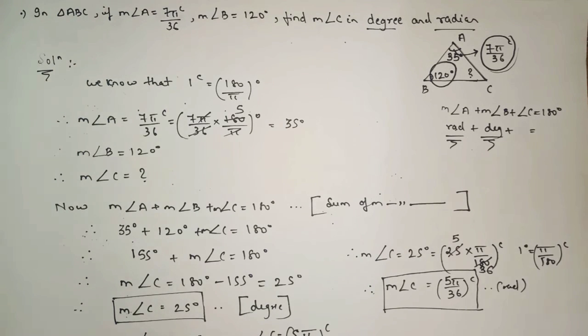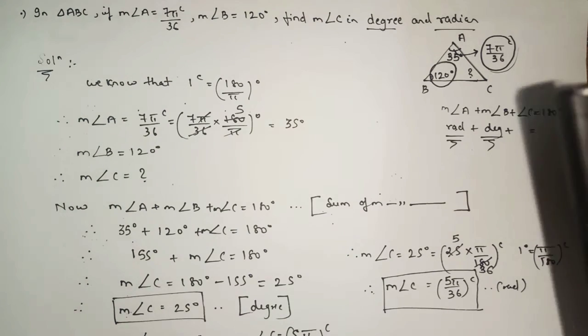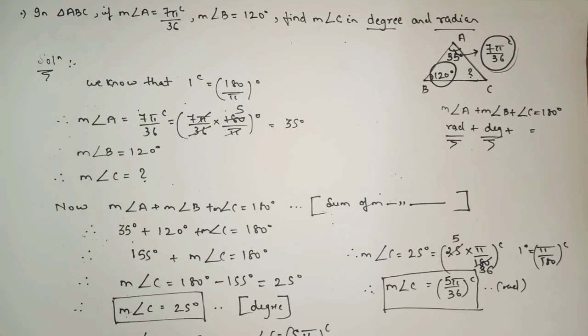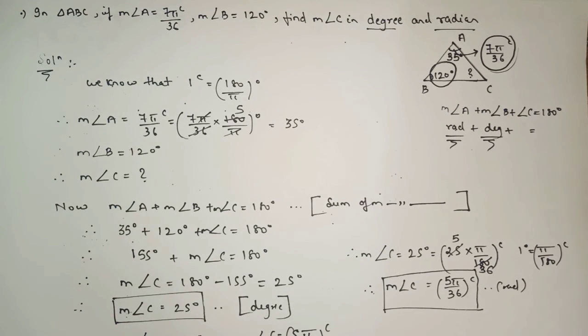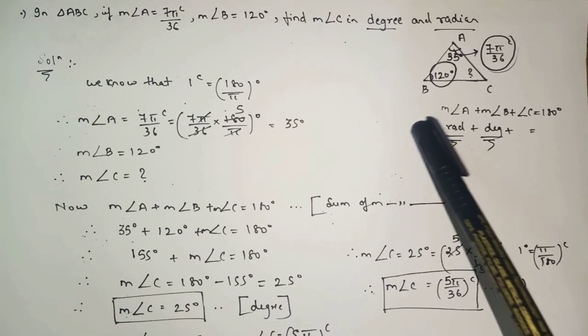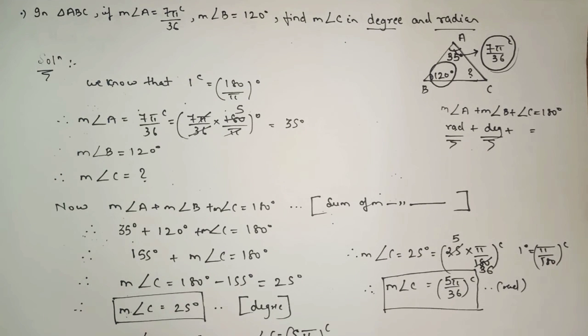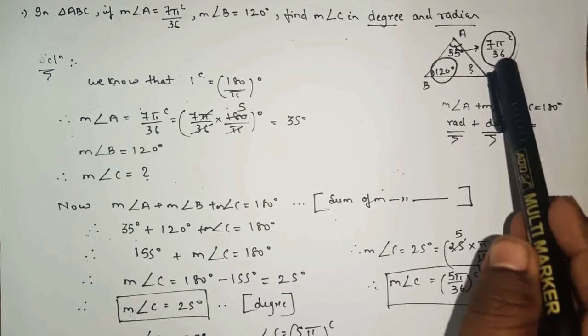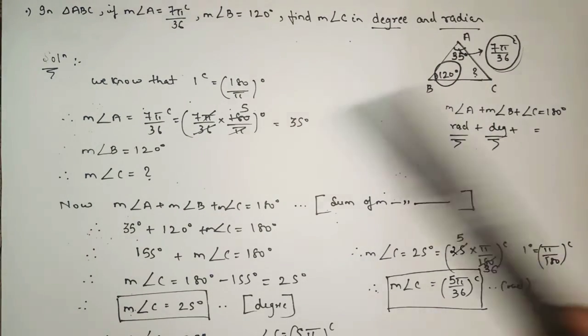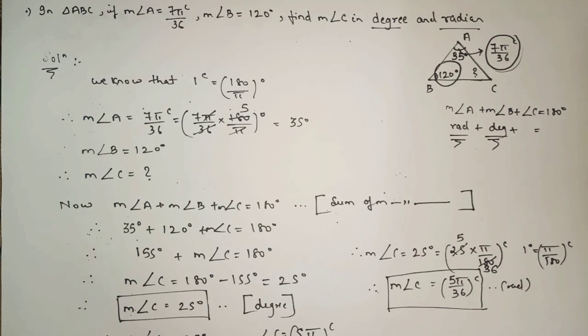So there are sums in the exercise which are based on the quadrilateral also. When it comes to a quadrilateral, you will use the property that the sum of the measures of the interior angles of the quadrilateral is 360. When it is a triangle, you will apply the other property. Understood? And see whether it is a triangle or quadrilateral, if the angle is mentioned in radian, first convert that radian into degree and then solve the sum further.